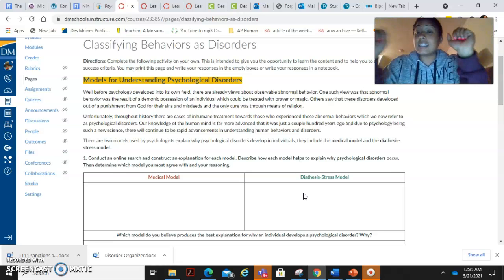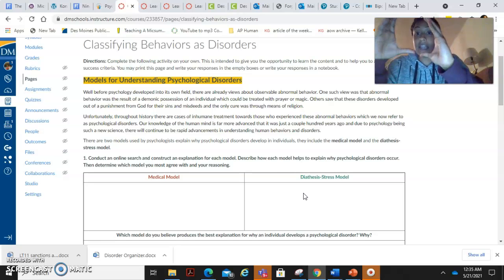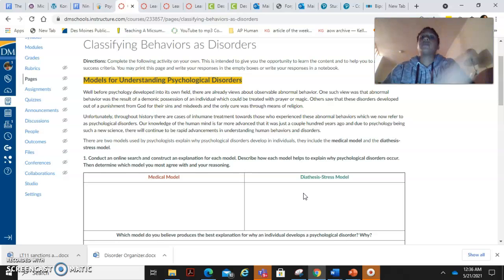Again, the diathesis stress model is when biological and environmental marry each other, and boom, the development of a psychological disorder. Like, let's say a child is raised in a single parent household with a mom that suffers from major depressive disorder. There are periods of time where mom, when she's going through the depressive cycle, cannot get out of bed.